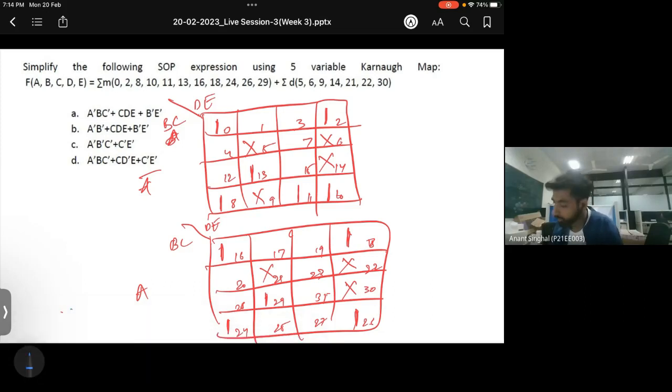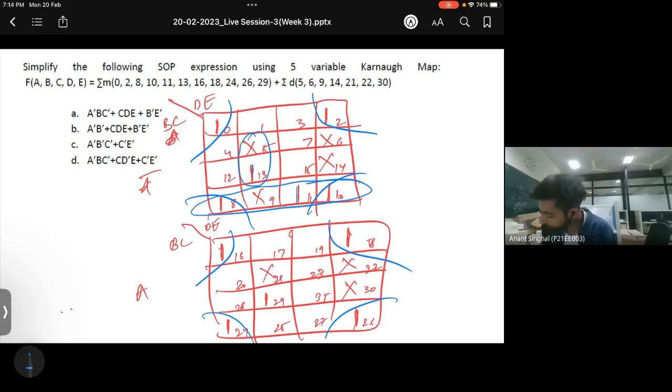So first we'll try to make the groups we can make without using any don't cares. Then this one is left and this one is left, right? We can make a pair for this and a group for this, and in this only this one is left.